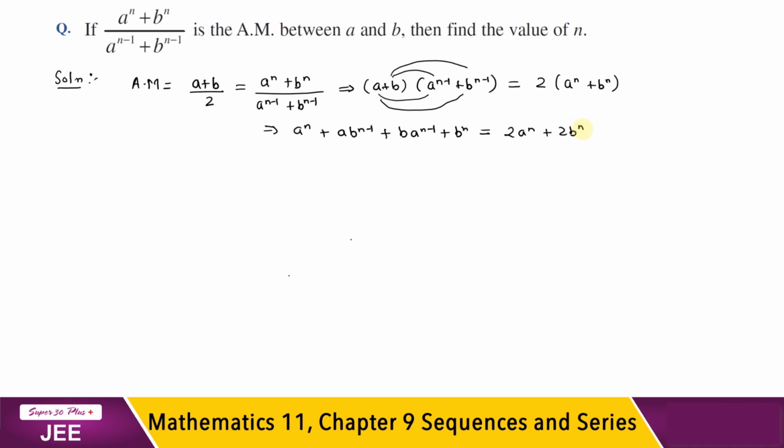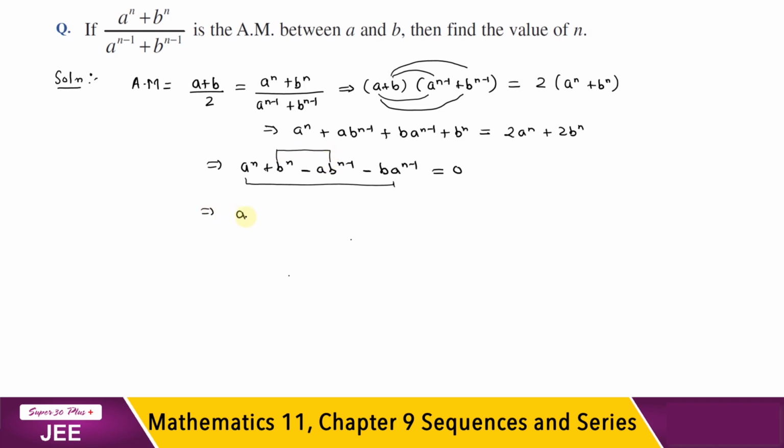Now taking all the terms to one side, we get a^n + b^n - a b^(n-1) - b a^(n-1) equal to 0. Now from these two terms we collect a^(n-1) as common, and from these two terms we collect b^(n-1) as common.